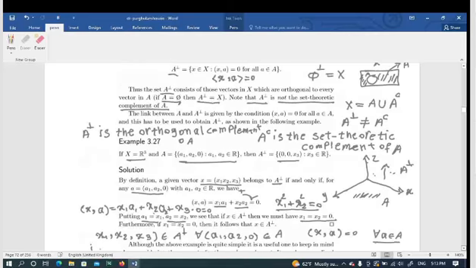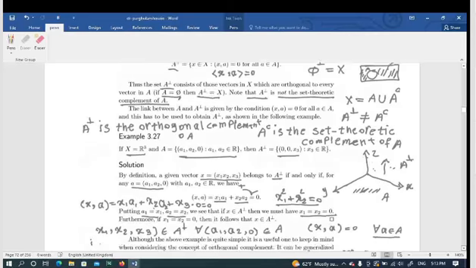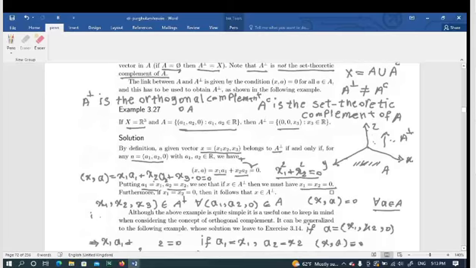For example, if X equals R^3 and A equals (a1, a2, 0), then A is in the xy plane because the z component is 0.